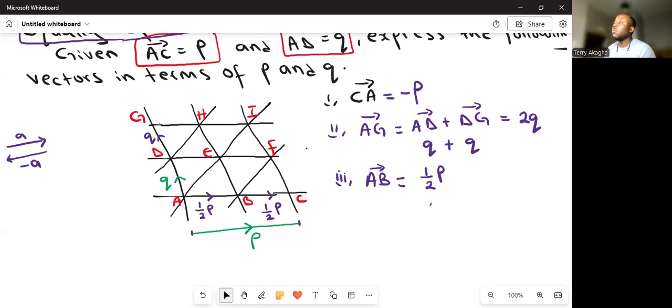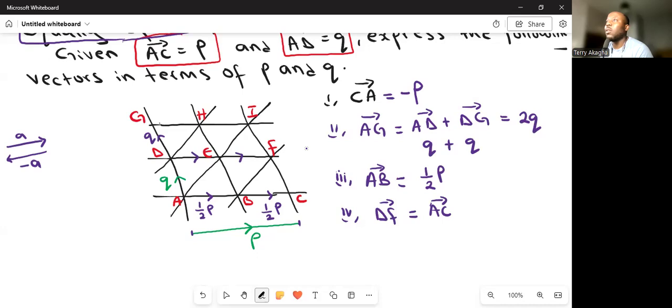So number 4, we're asked what? DF, okay? DF, we need to move from D to F. So now if you look at it, D to F is parallel to A to C. And remember, because it's parallel to A to C, it has to be equal. They said they're equally spaced parallel lines.